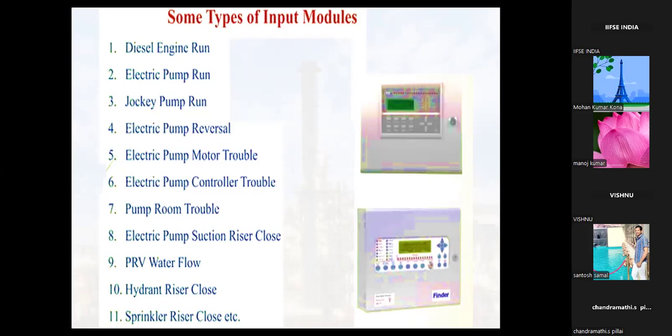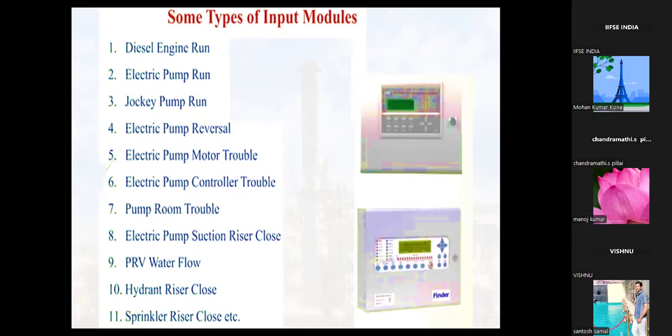So here I would like to ask, how many of you have seen this firefighting system? I have seen, sir. Okay, how many pumps would you recommend for actually firefighting?